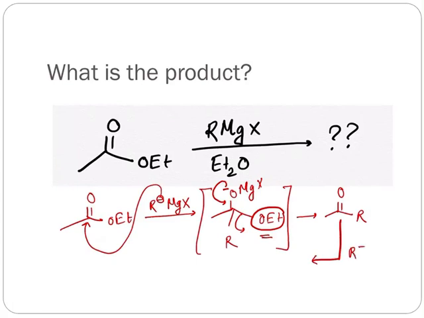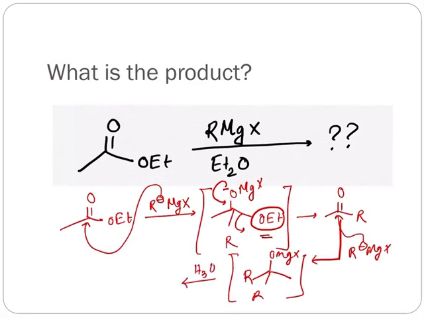So once again one molecule of Grignard reagent reacts with this ketone to give this tetrahedral intermediate, which on acidic hydrolysis gives, this is a methyl group, tertiary alcohol.